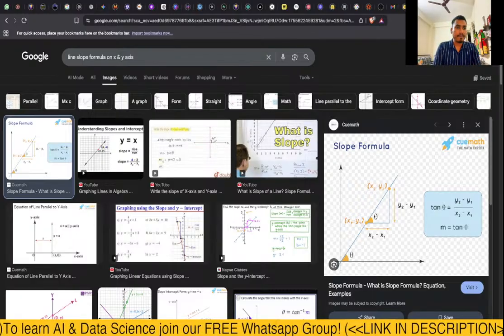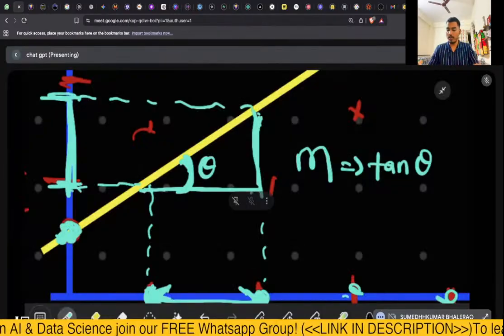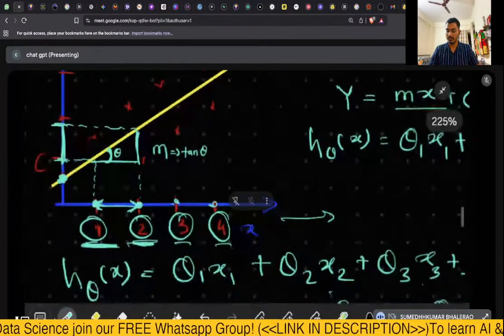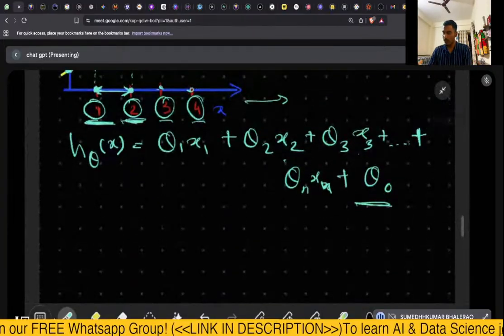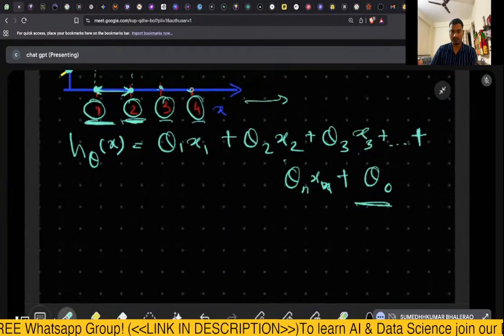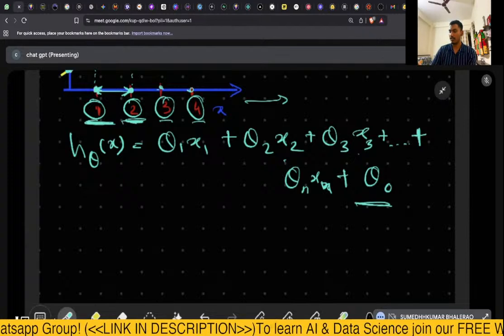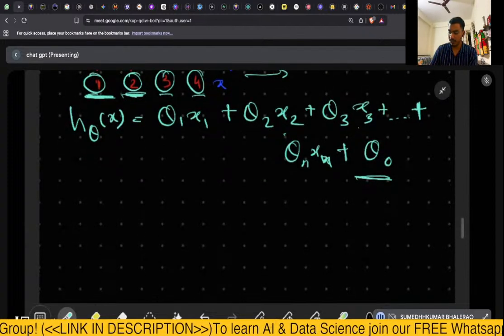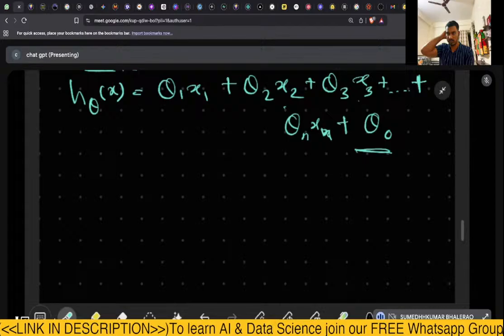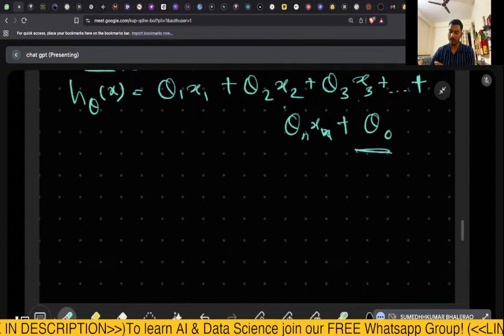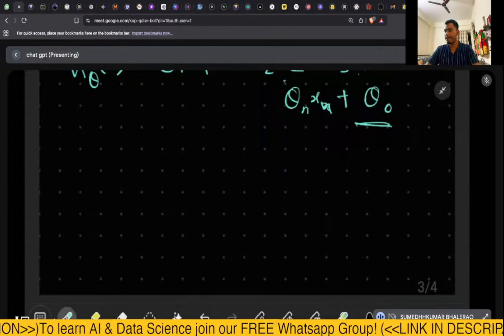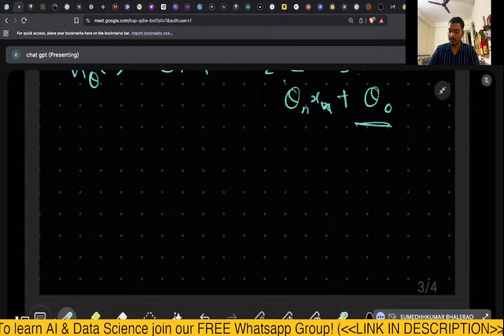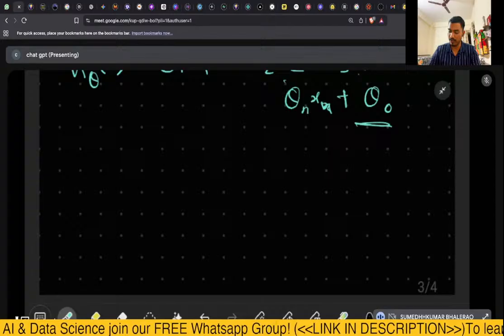Coming back to machine learning, let's say we have some hypothesis. Let's write our equation.